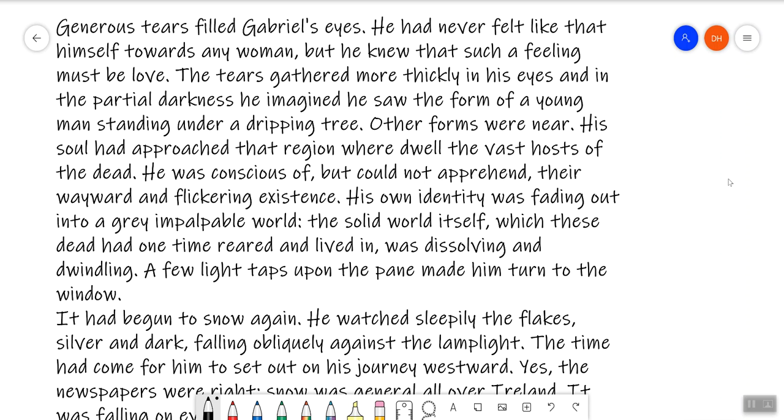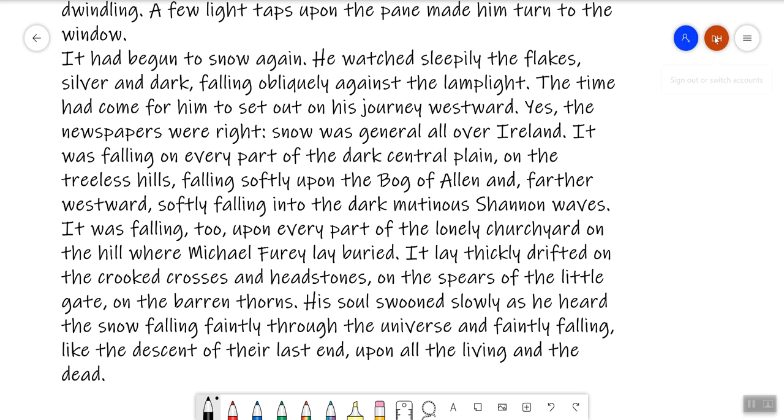A few light taps upon the pane made him turn to the window. It had begun to snow again. He watched sleepily the flakes, silver and dark, falling obliquely against the lamplight. The time had come for him to set out on his journey westward. Yes, the newspapers were right. Snow was general all over Ireland. It was falling on every part of the dark central plain, on the treeless hills, falling softly upon the bog of Allen, and, farther westward, softly falling into the dark, mutinous Shannon waves.